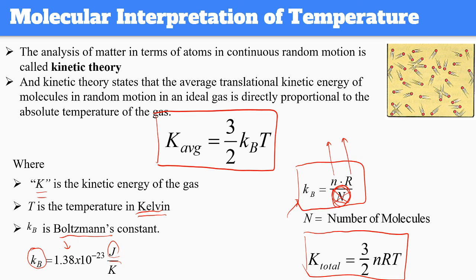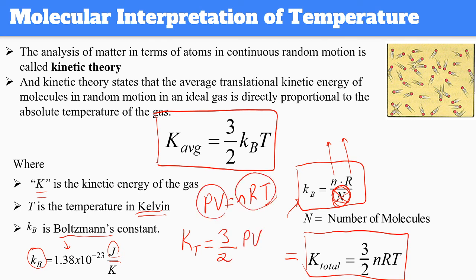And you can also connect it with the ideal gas law. So remember PV equals nRT. So then you can just say K total is 3 over 2 times, instead of nRT, you just put PV. So this is also an option for us to use.